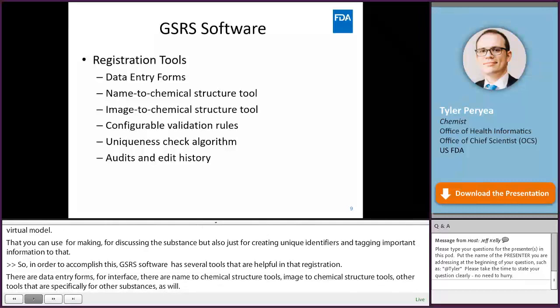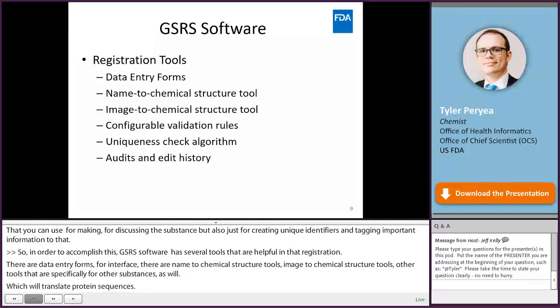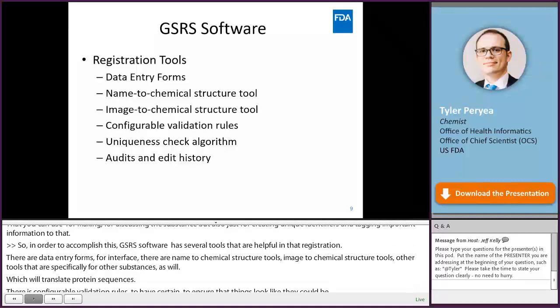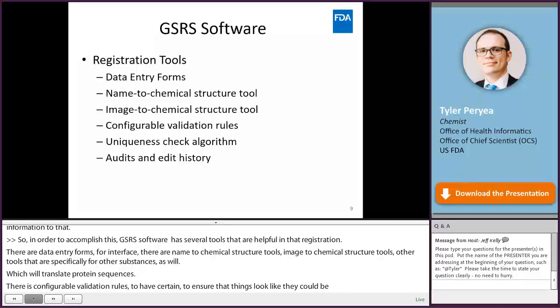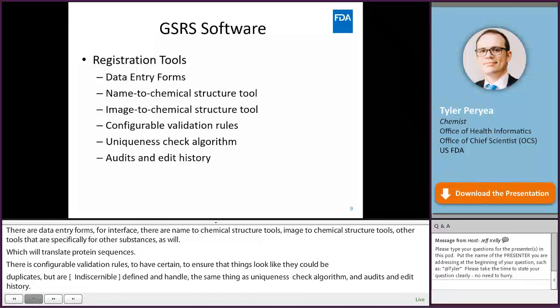There are configurable validation rules to ensure that things that look like they could be duplicates or be incompletely defined can be handled. There's a uniqueness check algorithm that's helpful in comparing different substances together to make sure that they are indeed unique. And there's audit and edit history built in inside of the software.